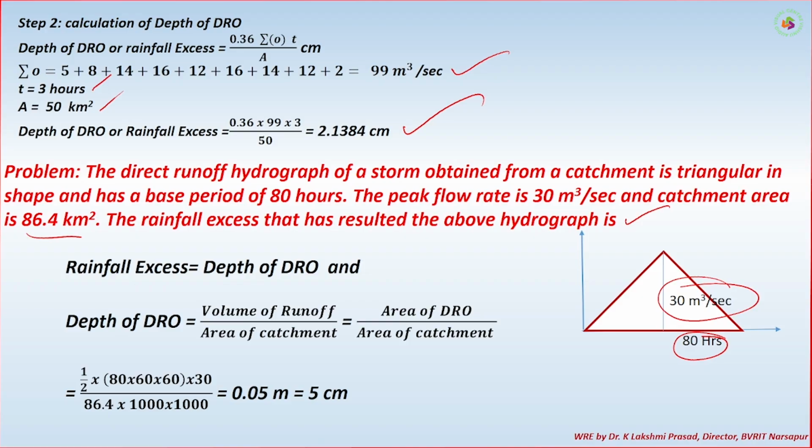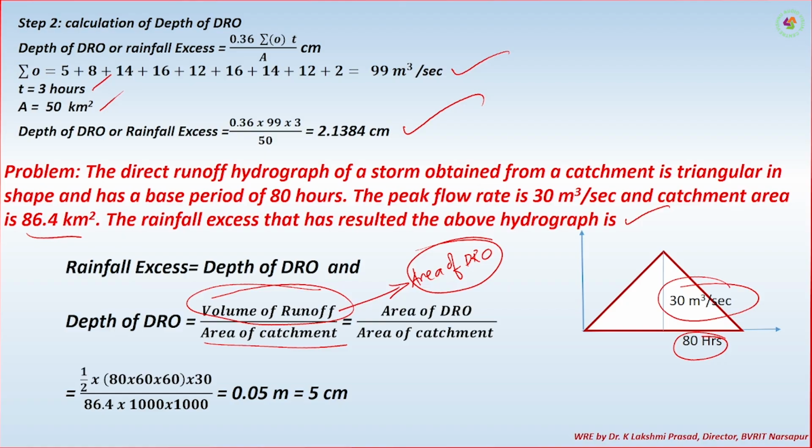Area of catchment is given. So this volume I have to calculate. This volume is nothing but the area of direct runoff, which is the volume of the runoff. This area means the area of this triangle.